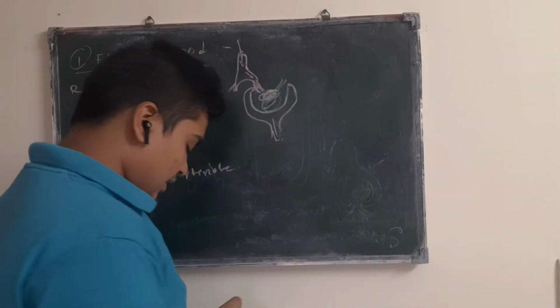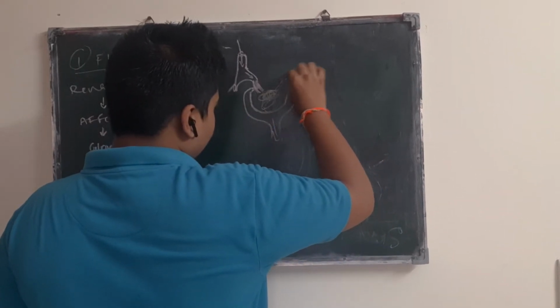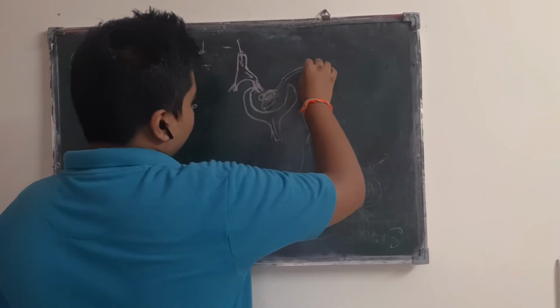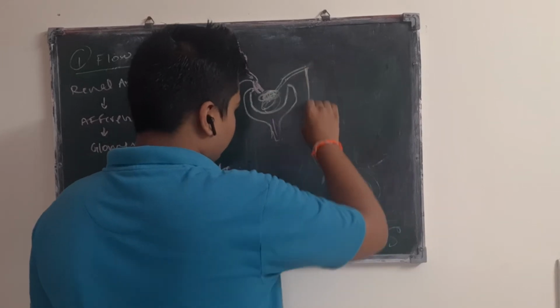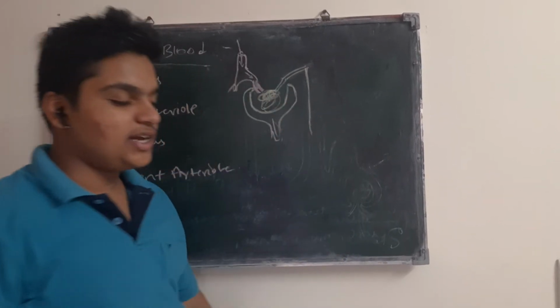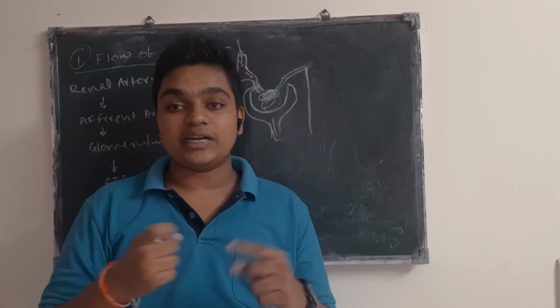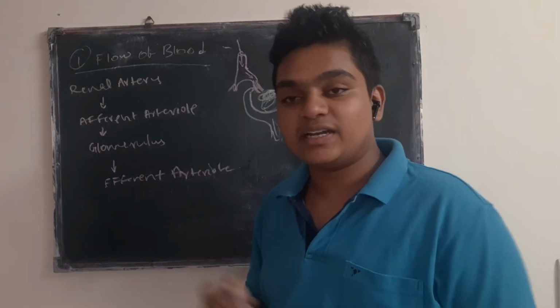As I said, there is a peritubular net around the nephron. So now the peritubular net, this net, it is a branch of the efferent arteriole. That is why I am drawing the peritubular net here. In the NCERT, you see the peritubular net running alongside the PCT, DCT, ascending limb, descending limb, all those.